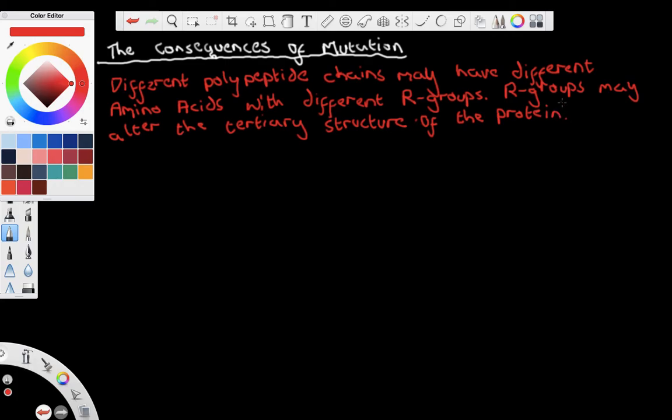Essentially, we're saying that the polypeptide chain folds differently, and if it folds differently, it may not have the same properties.